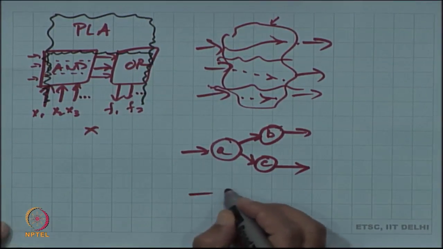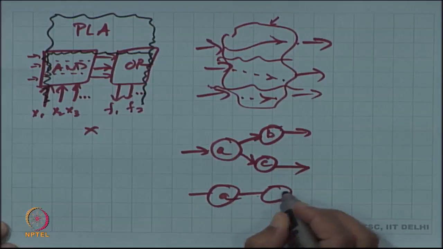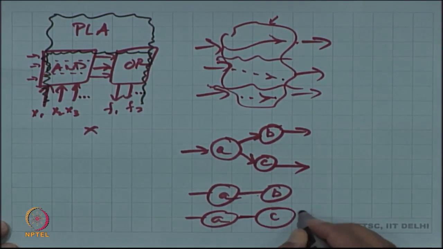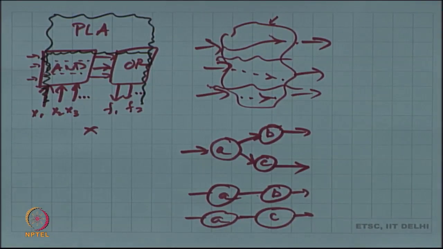What about alternatively if I did this? There is some redundancy in this structure because you have duplicated the logic, but could this be good from any point of view? Faster. It could be faster. Why? The fan out.